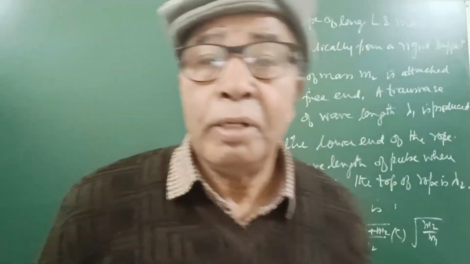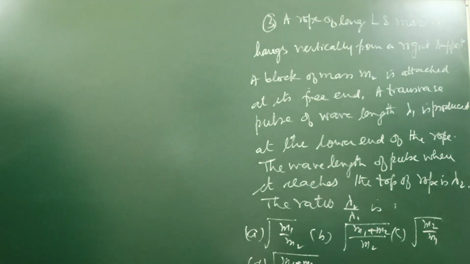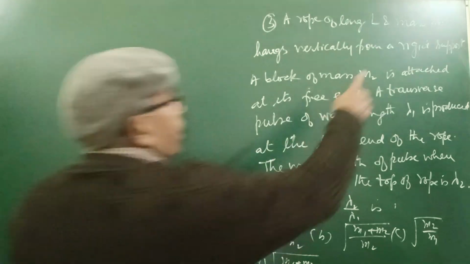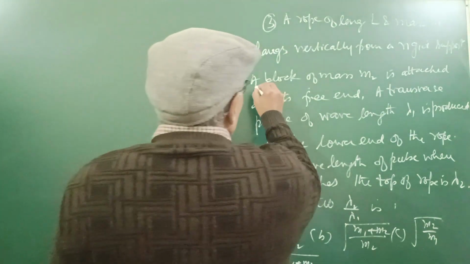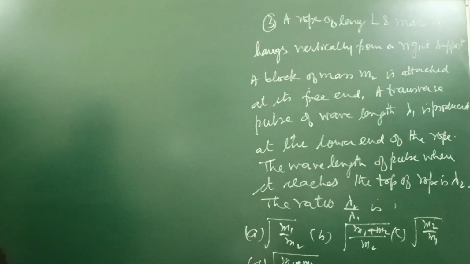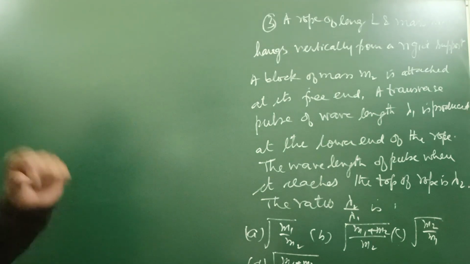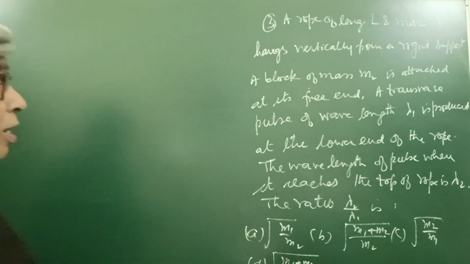Yes, dear student, question here is this: a rope of length L and mass M1 hangs vertically from a rigid support. A block of mass M2 is attached at its free end. The transverse pulse of wavelength lambda 1 is produced at the lower end of the rope.